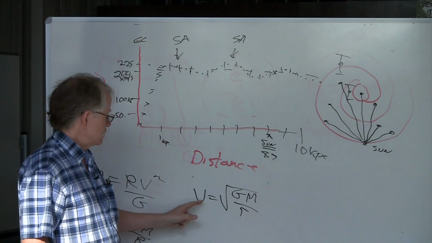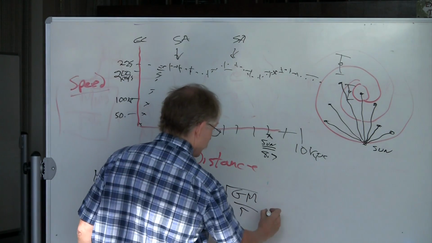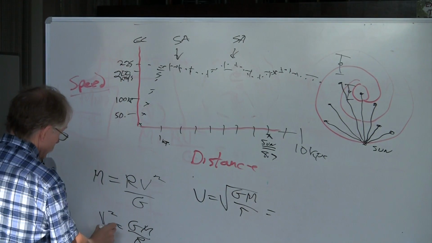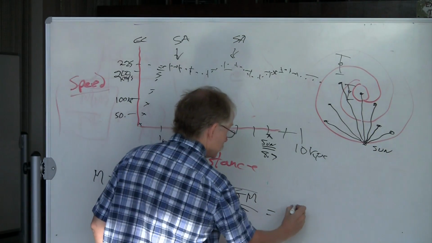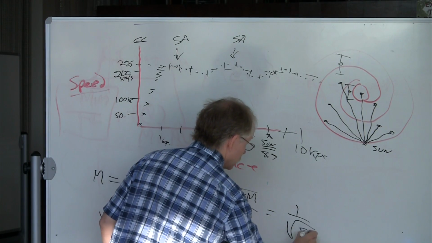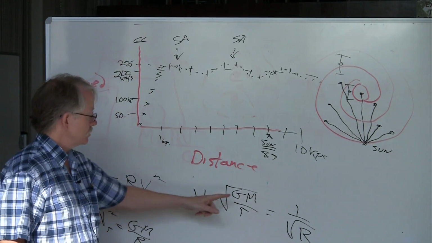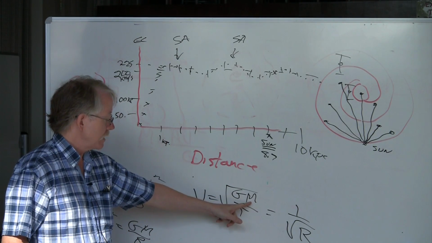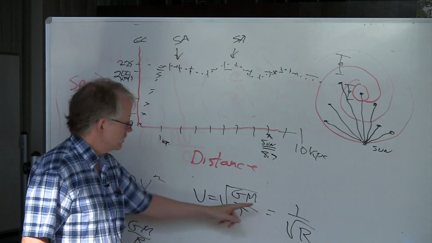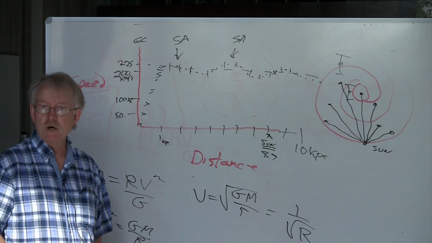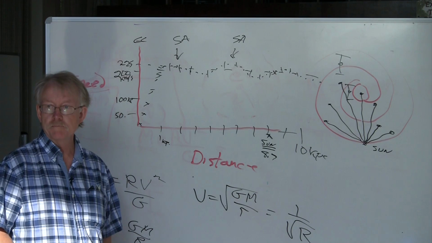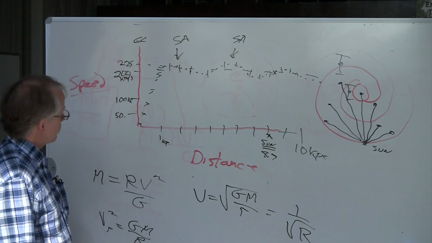Okay, what this says is that rotation speed should be proportional to 1 over the square root of r. So the farther away you get from the center of this thing, which contains most of the mass, the speed is going to get smaller and smaller by the square root of r.